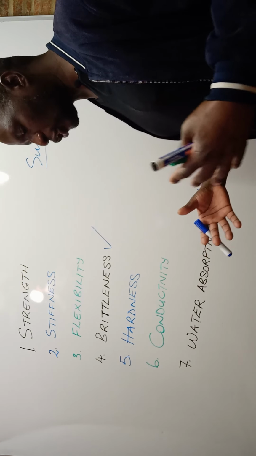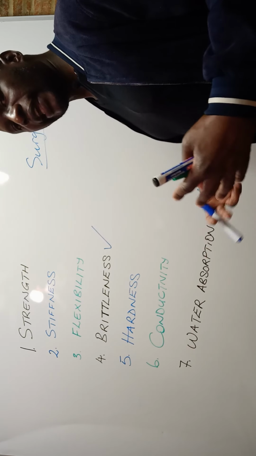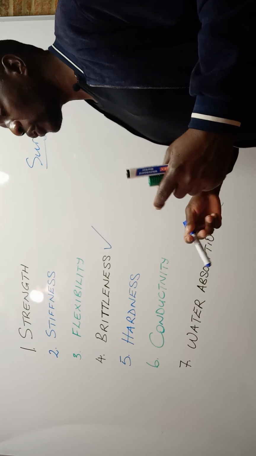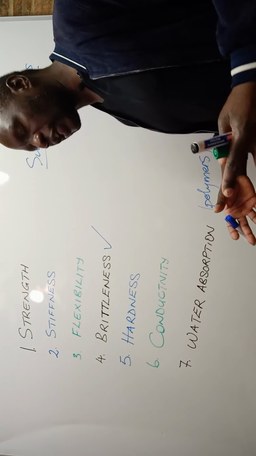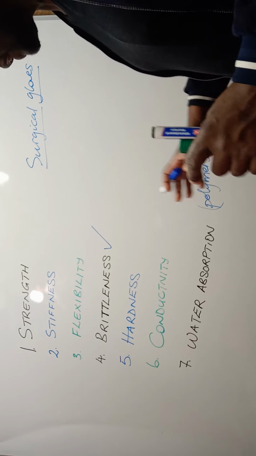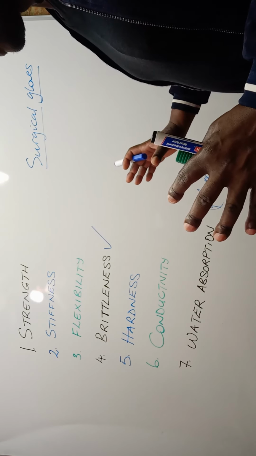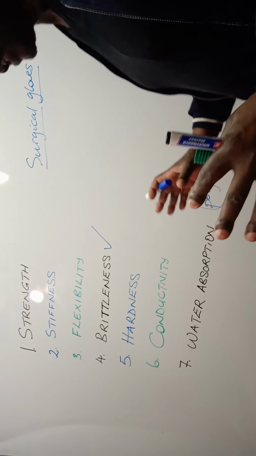So we start to think perhaps in the lines of using leather or something of that sort. So that's the explanation about the properties of materials.